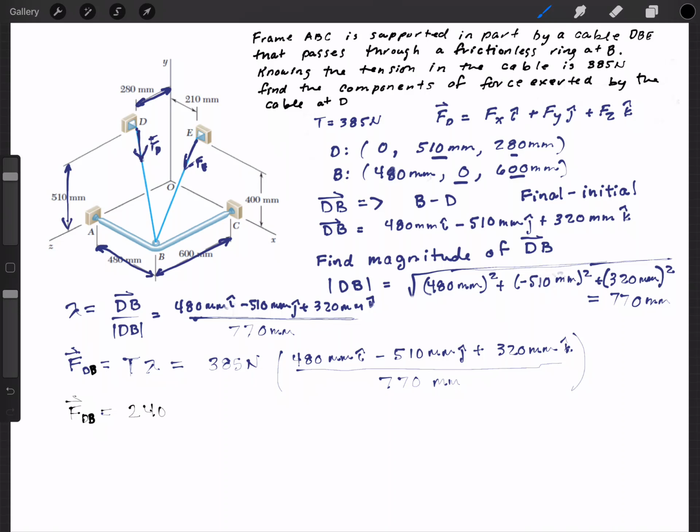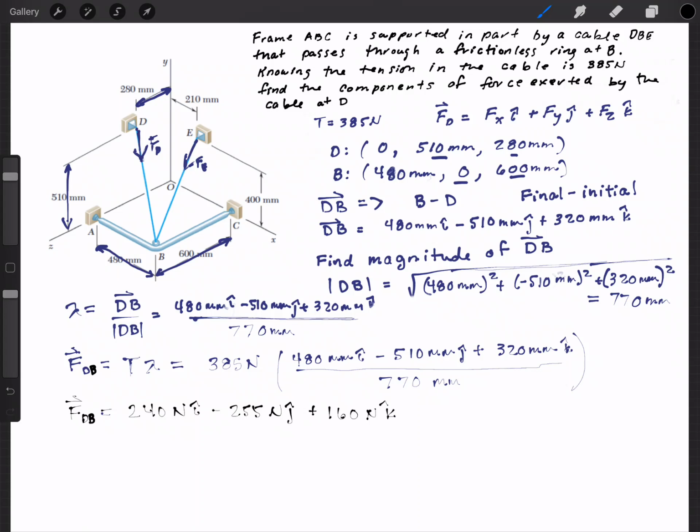Our final result is 240 newtons in the I direction minus 255 newtons in the J direction plus 160 newtons in the K direction.